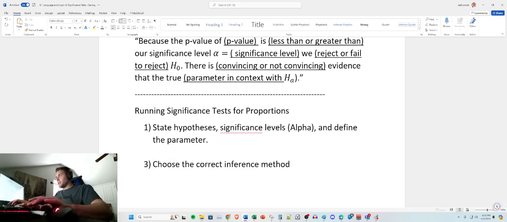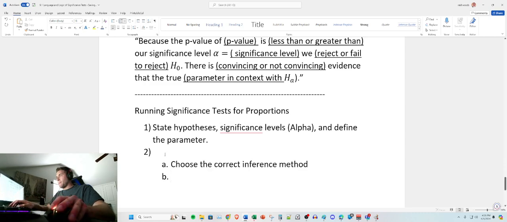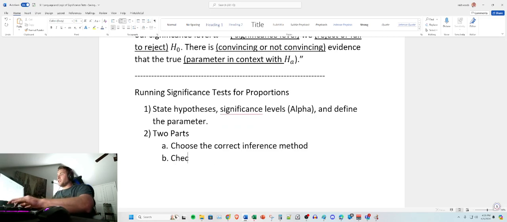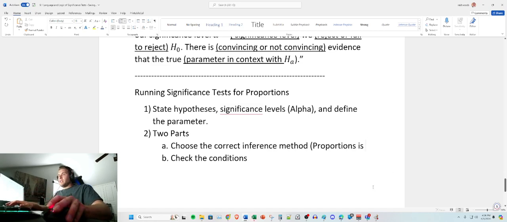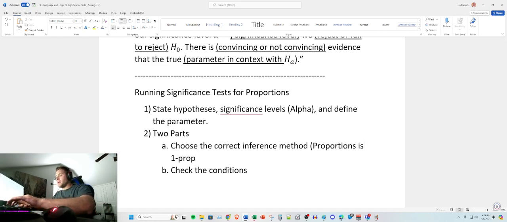This step two has two parts: choose the correct inference method, and then we have to check the conditions. So for proportions, this is a 1 prop z-test.